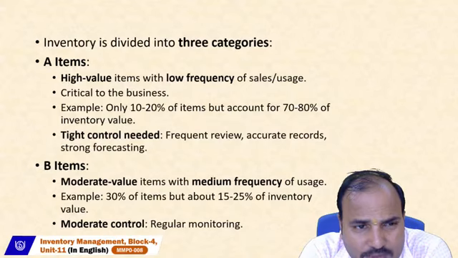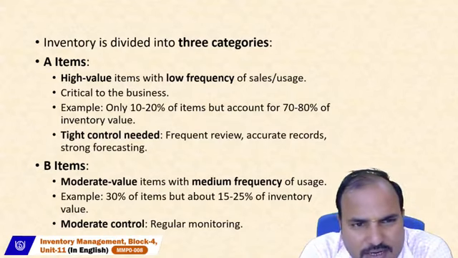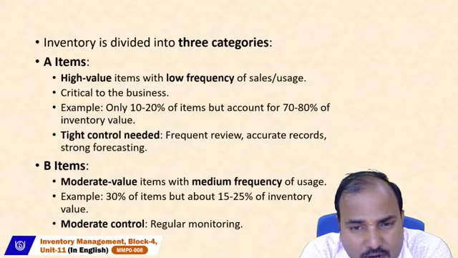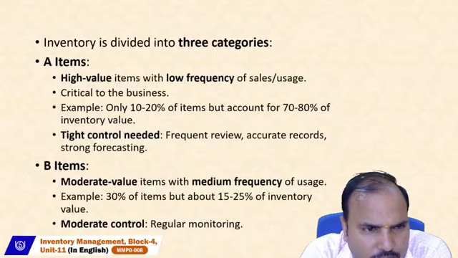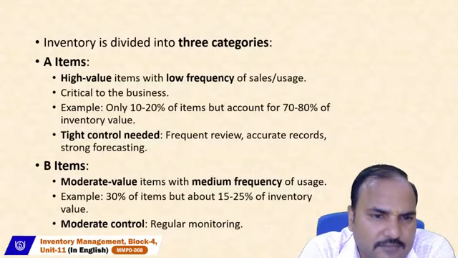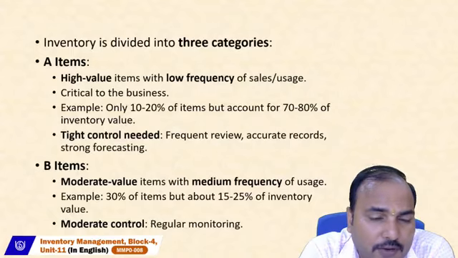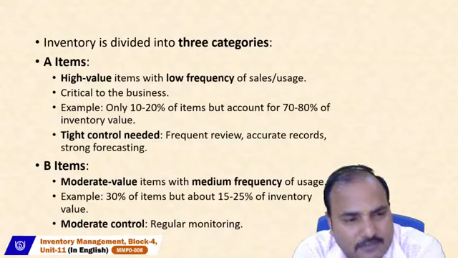They are critical to the business. For example, only 10 to 20% of the items account for 70 to 80% of the inventory value. Tight control is needed: frequent review, accurate records, and strong forecasting are required for A category items.